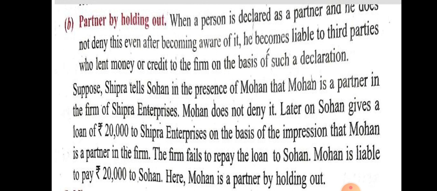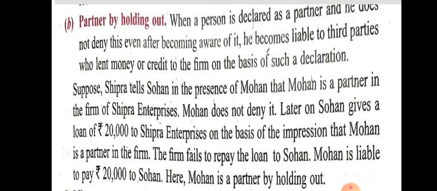Later on, Sohan gives a loan of 20,000 to Shipra Enterprise with the impression that Mohan is the partner, because when Shipra was telling Sohan that Mohan is partner, Mohan was staying quiet. Now the firm fails to repay the loan to Sohan. So again here Mohan is liable to pay 20,000 to Sohan, and Mohan is the partner by holding out.